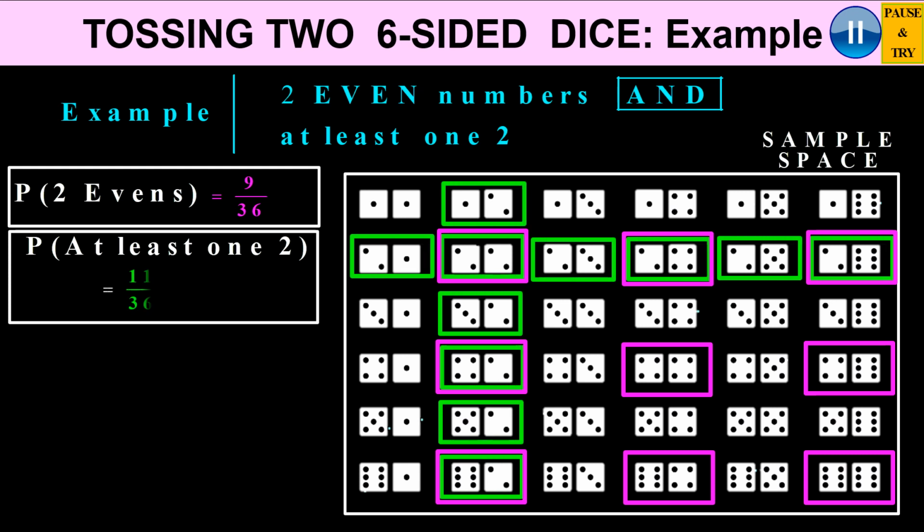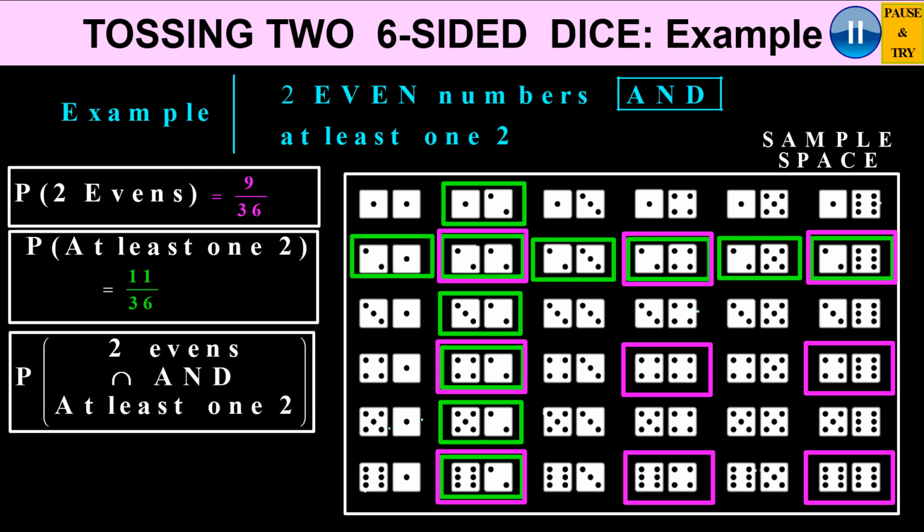Now we want to find the probability of getting 2 evens and at least 1 two. Now if we multiply the one times the other, I'm going to get 9 over 36 times 11 over 36, which gives me 99 over 1296, or 11 over 144.